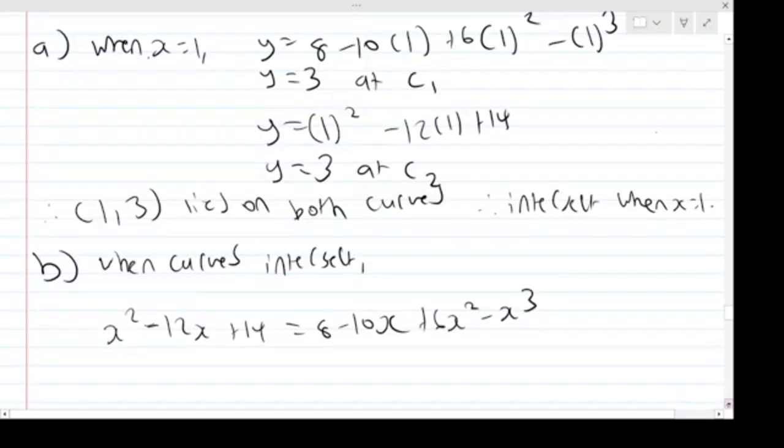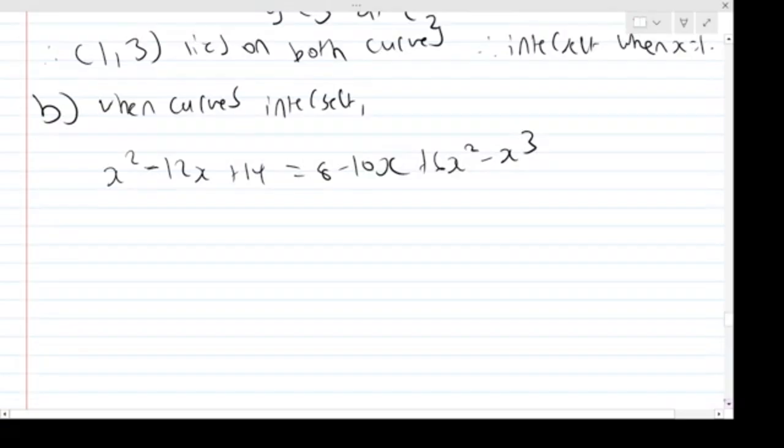Now I can rearrange this to look like an equation. If I move the right hand side to the left side, I firstly get x cubed, then x squared take away 6x squared would be minus 5x squared, then minus 12x add 10x would be minus 2x, then 14 take away 8 would be plus 6 equals 0.